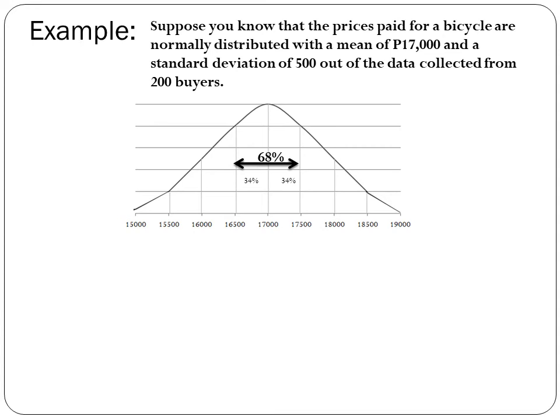So I'm talking about the percentage of buyers because we are dealing with the buyers of bike. So ang ibig sabihin nito, 68% ng mga buyers or mamimili ang kumuha ng mga presyo between 16,500 and 17,500. Or if you're going to put that into details, 34% of the 200 buyers paid between 16,500 to 17,000. The same percentage also paid 17,000 pesos to 17,500. So that is the 68% for the first part of the empirical rule.